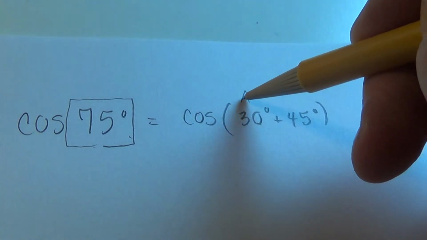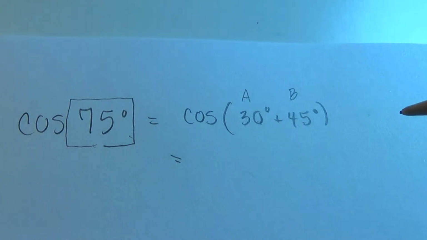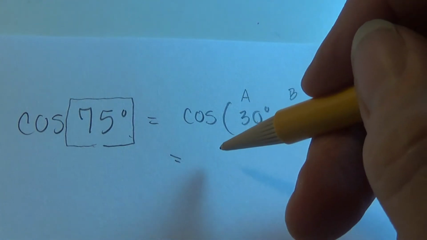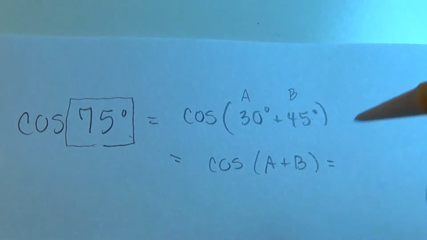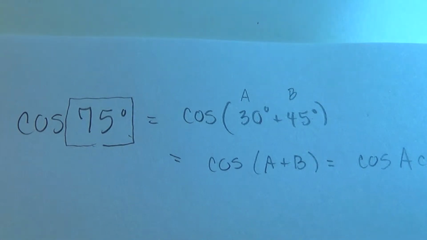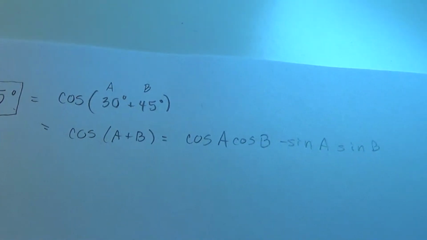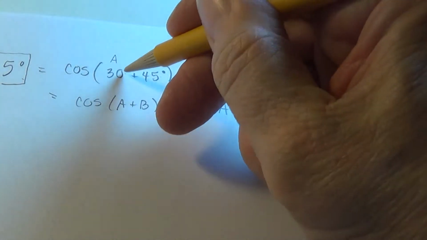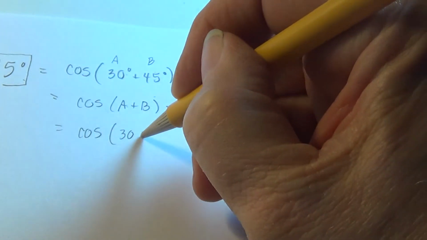Imagine this is A and this is B. Our trig ID for the cosine of A plus B looks like this: cosine of A plus B equals cosine A cosine B minus sine A sine B. From there I can put in the numbers. We know our A is 30 and our B is 45.